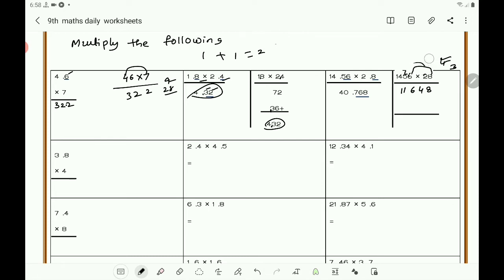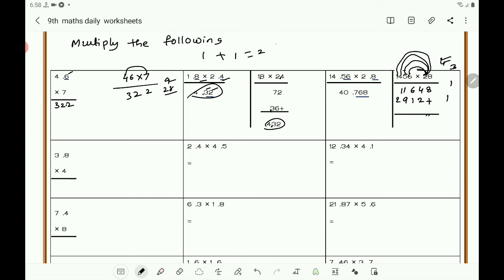Now here you take plus or 0. Then you multiply this by 1456 into 2. You have to do 6 twos are 12. 1 carry. And 5 twos are 10 plus 1, 11. Then 2 fours are 8 plus 1, 9. Then 2 ones are 2.